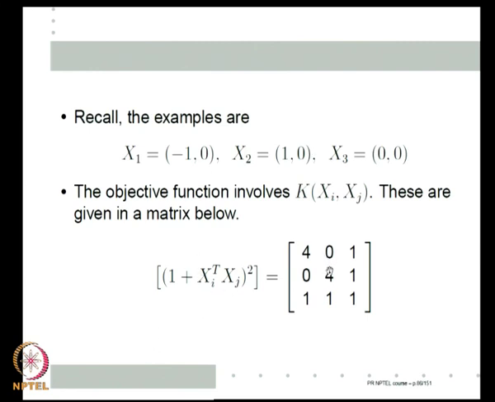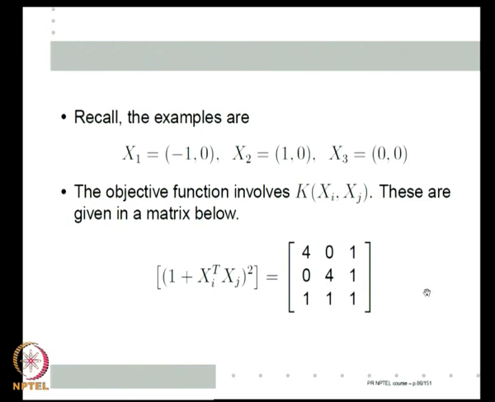So, k 1 2 is 0. X 1 transpose x 3 is 0, so this becomes 1. Similarly, x 2 transpose x 2 is once again 1, so the kernel function is 4, and x 2 transpose x 3 is 0, so the kernel function is 1. Finally, x 3 transpose x 3 is 0, so this kernel function is 1. By the way, this is obviously a symmetric matrix.